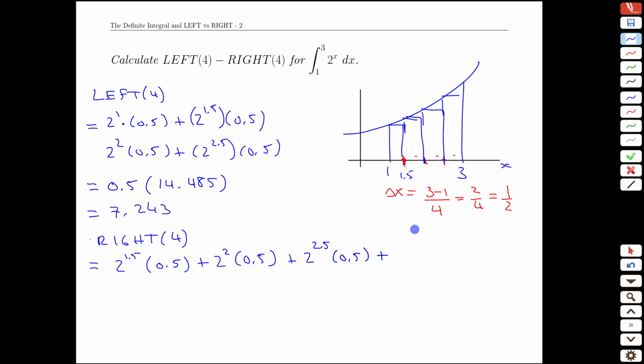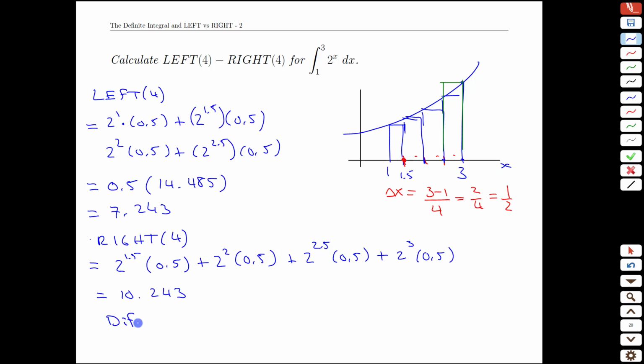Let's finish that term first. On this last interval, we would use 2 to the 3 as our height. That would be the last rectangle with right, and 0.5. That would be our whole thing. Adding all that up and doing the calculations, we end up with 10.243.